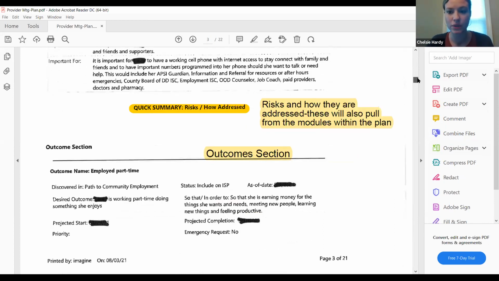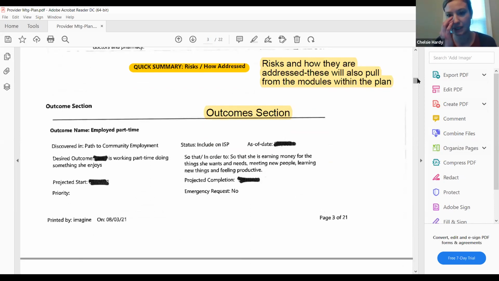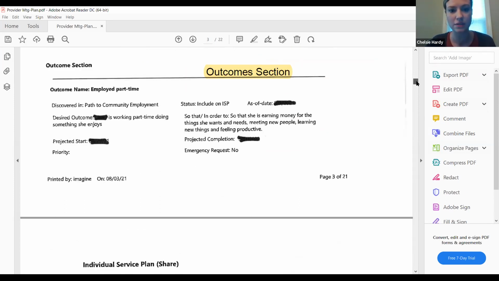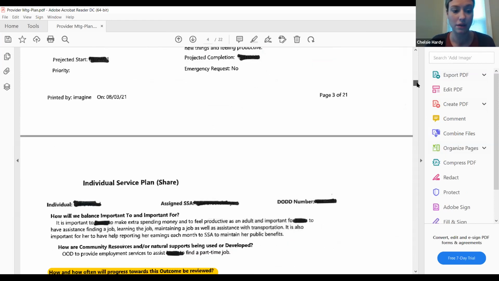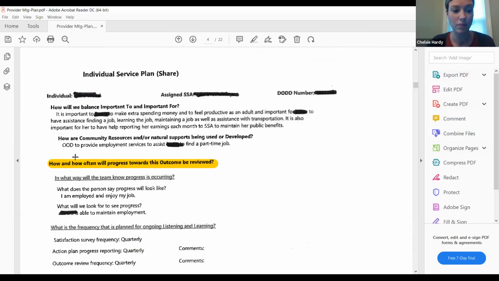The next part, which we're not going to use these specific outcomes for the breakout section, but there are 2 outcomes in this plan, and a couple important pieces would be how progress is measured. I'm sure a lot of you guys get requests for quarterly meetings or reviewing progress.